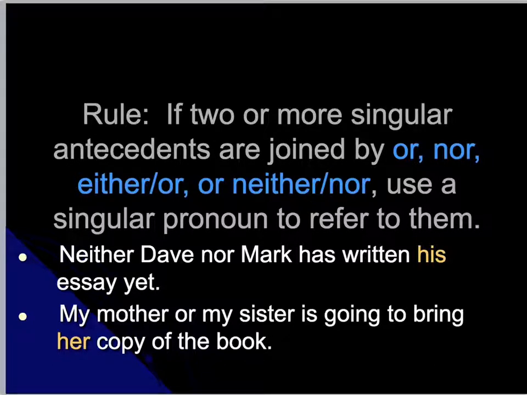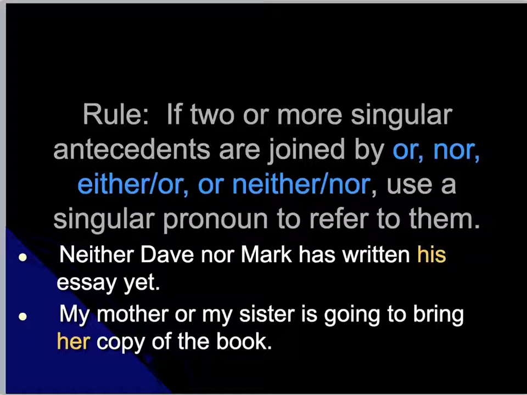Sometimes, though, we won't just have one antecedent, like Ben, as our determiner of our pronoun, and sometimes these antecedents will be accompanied by the words that are highlighted in blue on your screen.